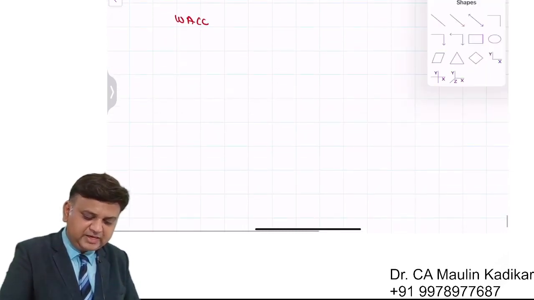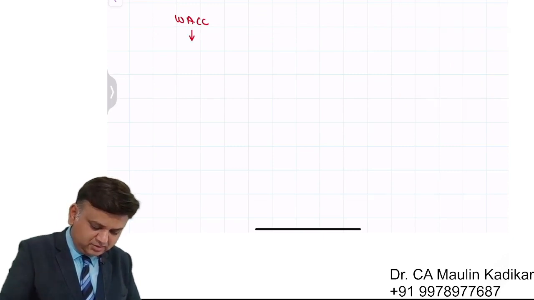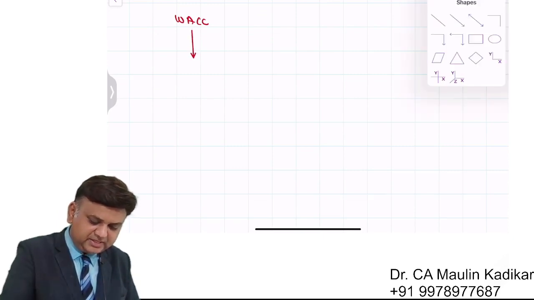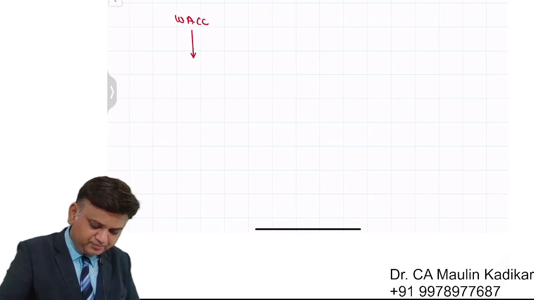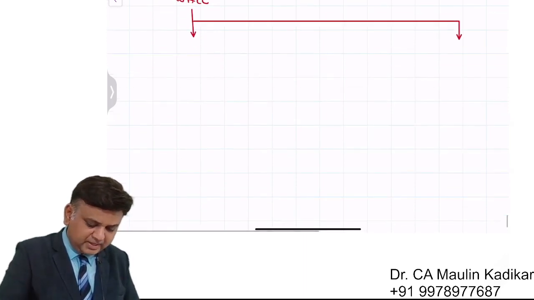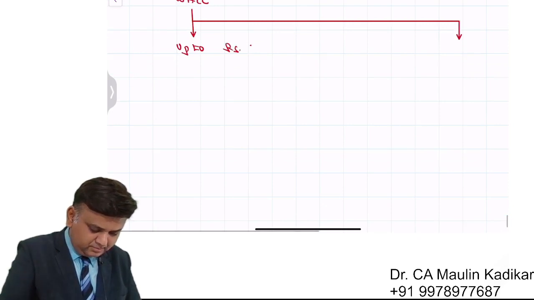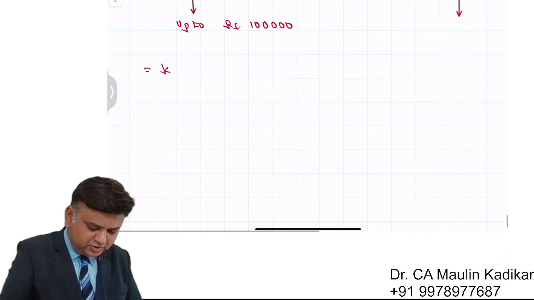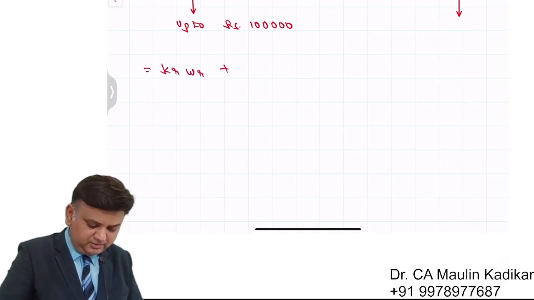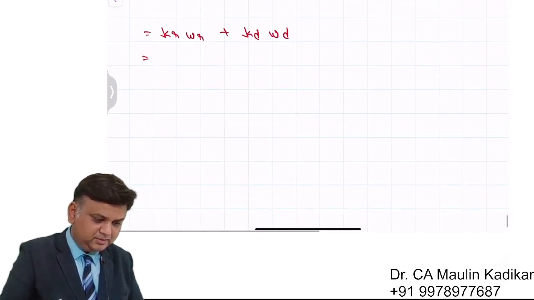So dear students, we can have a working like this. Only for understanding purpose I am dictating this additional thing to you, that up to 1 lakh, cost of retained earning into weight of retained earning, cost of debt into weight of debt.